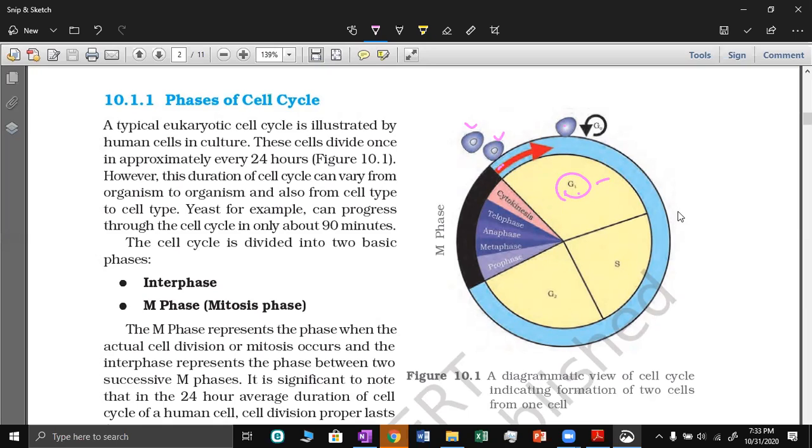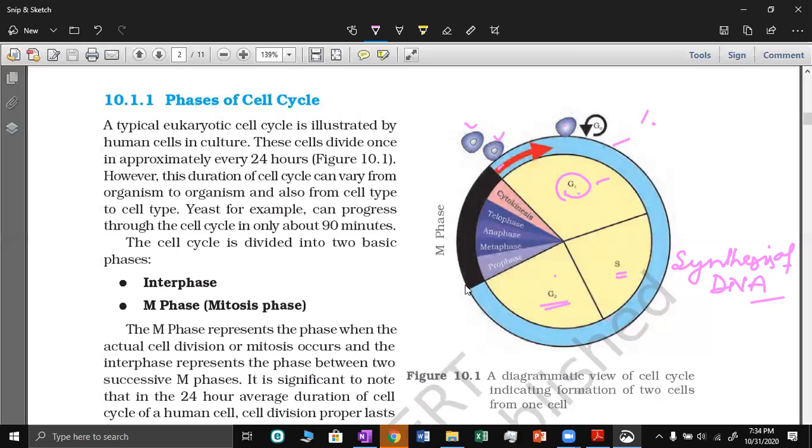After that this is the S phase, the synthesis of DNA, that is DNA replication. Here, with the growth of the young cell, material, protein, etc. are synthesized, and after that this is the G2 phase.